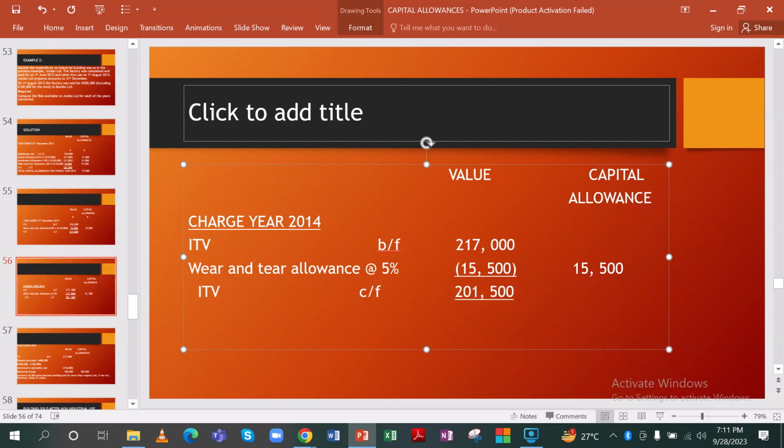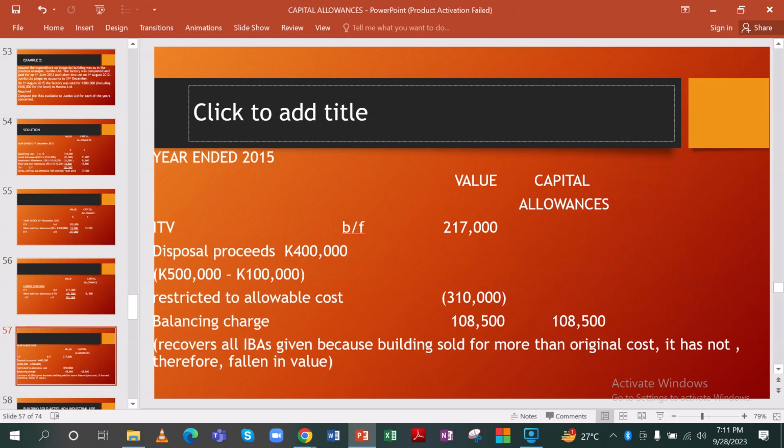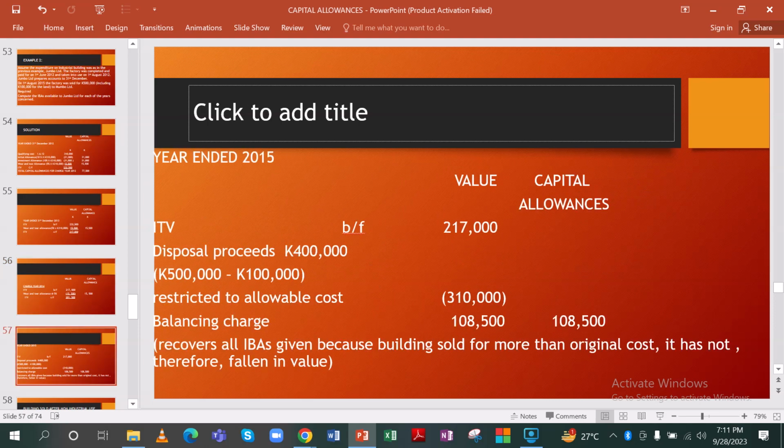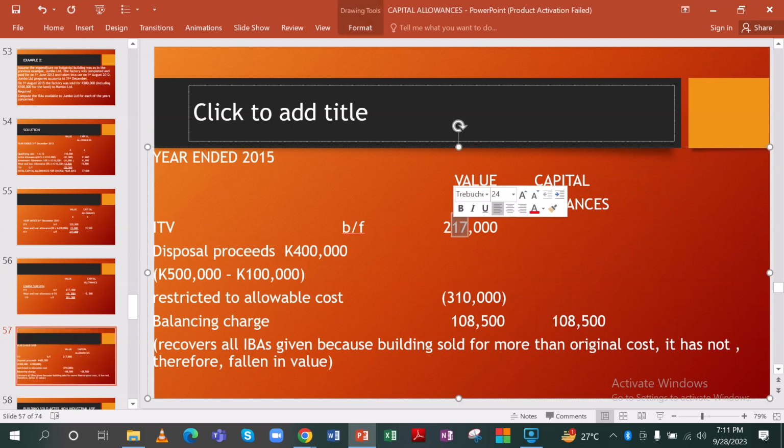So this is carried forward to 2015. So in 2015, what we start with, what we carried forward, is 201,500.